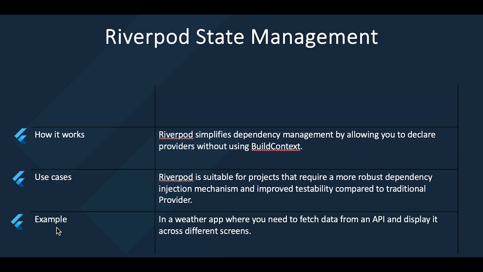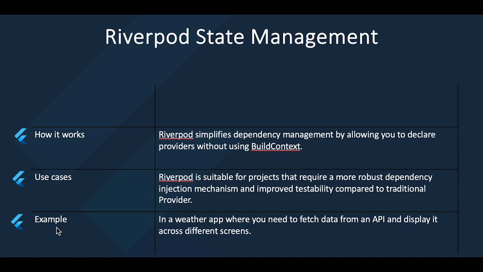In instances where you are creating a weather app, you might need to fetch data from an API and display it across different screens. This is where Riverpod comes in. You can use Riverpod to manage the data dependencies efficiently and provide a clean way to access and update the weather information.